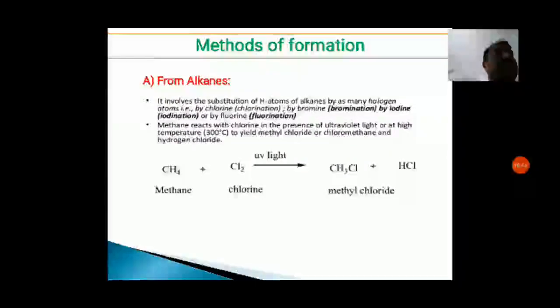Therefore we have obtained here methyl chloride. Okay, so in presence of sunlight, when alkane is treated with chlorine or bromine, that means halogen, then we get alkyl halide.